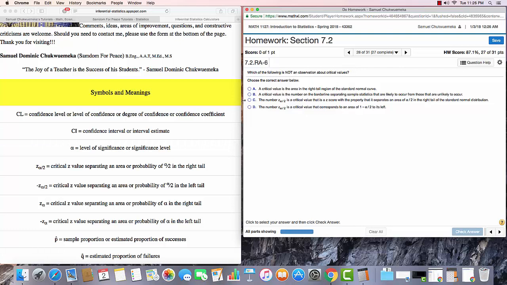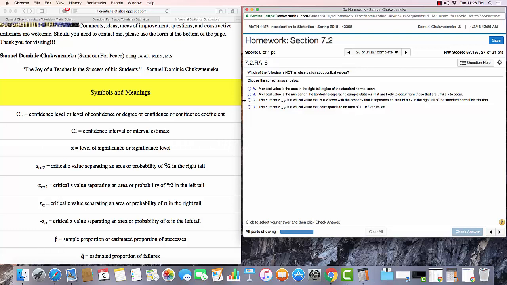Question 28. Which of the following is not an observation about critical values? A, a critical value is the area in the right tail region of the standard normal curve. Okay, well, a critical value is not the area.